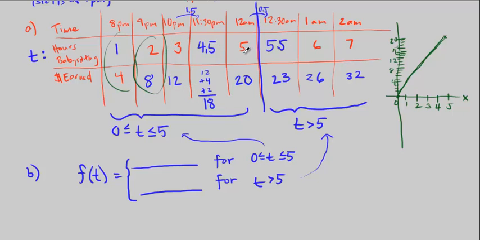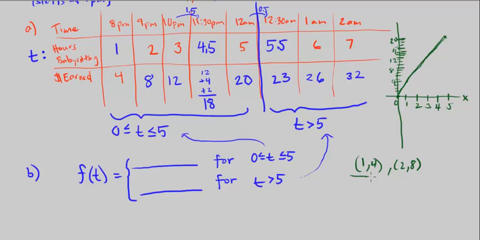So how many points do we need to create a line? We need 2 points. So let's use 1, 4 and 2, 8. This is just my t value and my f of t value. T value is time, f of t is money earned.